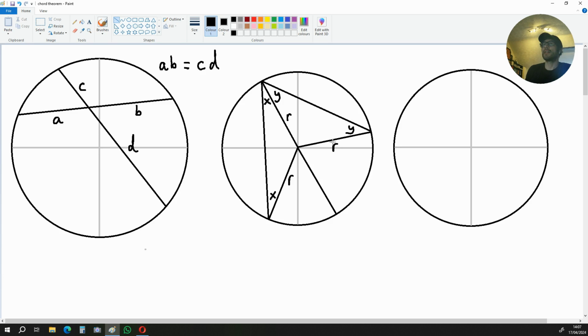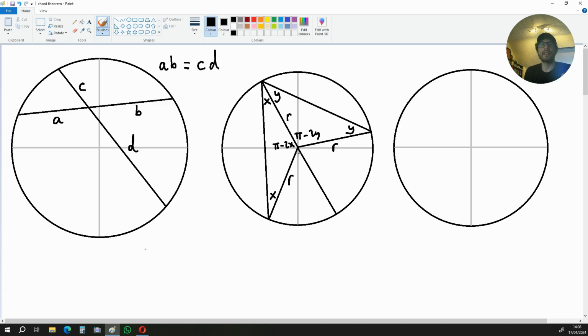Now this angle over here is going to be pi minus 2x because there are 180 degrees inside a triangle, and this angle over here is going to be pi minus 2y.